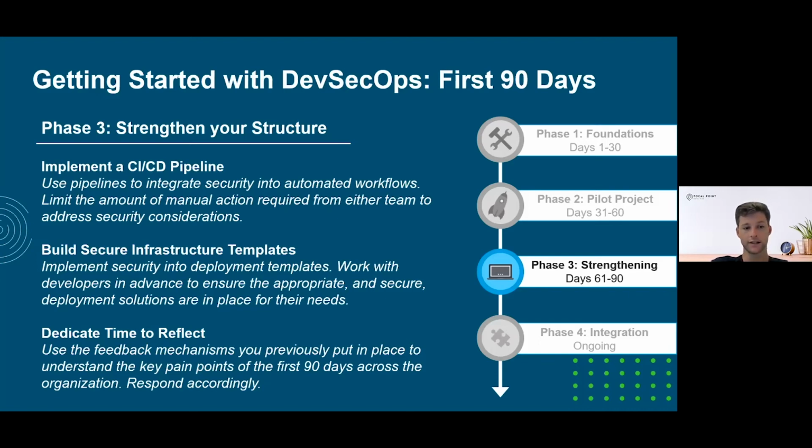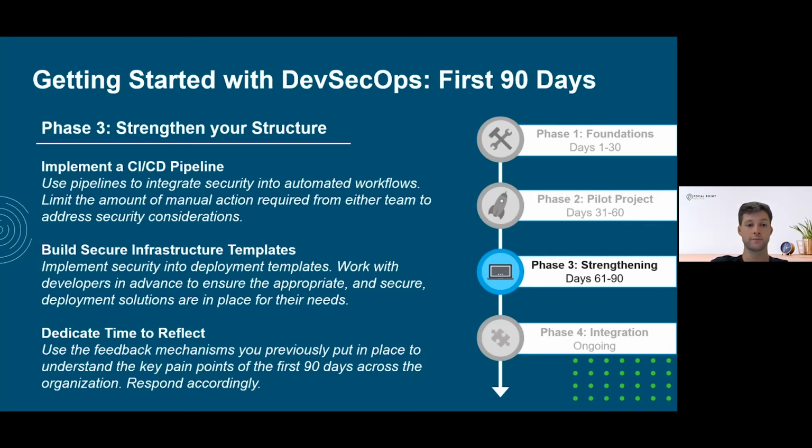Now, the next piece here, building secure infrastructure templates. So as we think about DevSecOps and DevOps in general, obviously these teams are deploying very rapidly. Oftentimes they're deploying from something such as a container registry. Well, as a security team, and as you think about the individuals in your team that might be responsible for infrastructure security, it's important that you leverage those different integrations that are in place.